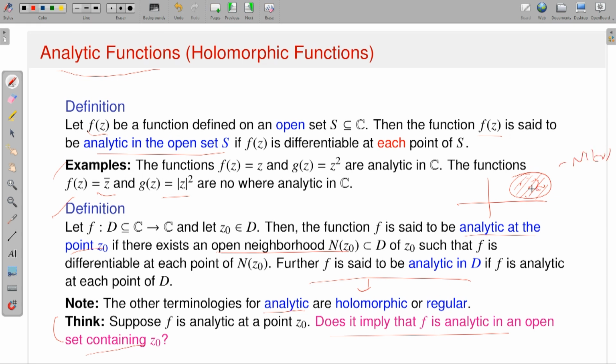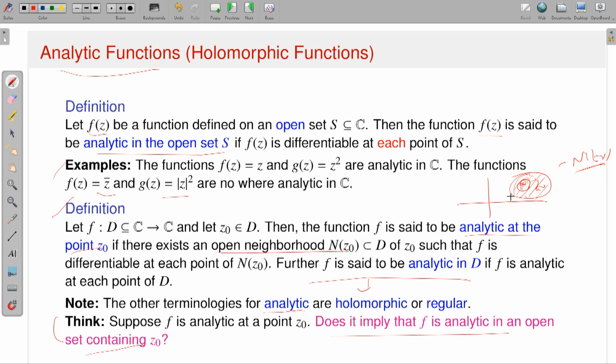Now, since it is an open set around the point z0, if I take a nearby point, this point is also inside N of z0. Since N of z0 is an open set, there exists a small open neighborhood sitting inside N of z0, and at each point my function is differentiable.